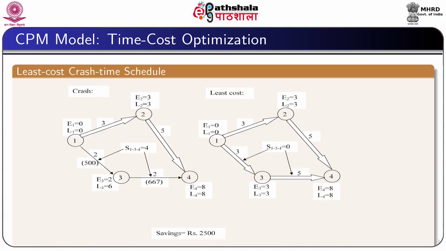Since the normal time of the activity 3-4 is 5 weeks, we can expand it up to 5 weeks. That is, we expand the activity time of the activity 3-4 by 3 units. Then the remaining 1 unit of slack can be used for expansion of the activity 1-3.